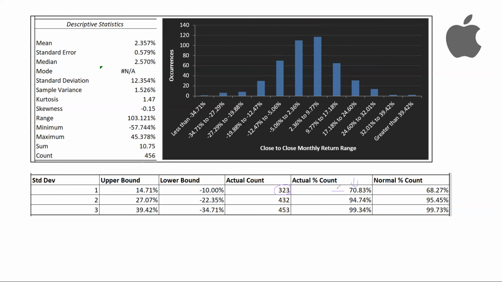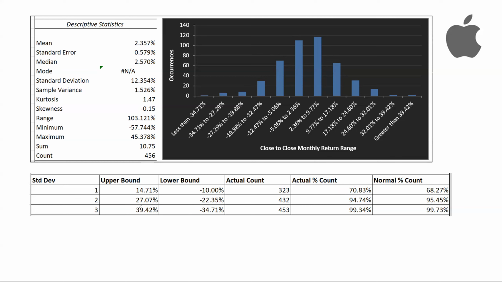So this is the actual count, okay? 70%. And if we look at the theoretical normal distribution count, it is 68%. So it is very near, okay? Extremely near. It's off by maybe 1% plus only, or about 2% plus. So it is extremely, extremely near if we look at the actual data.